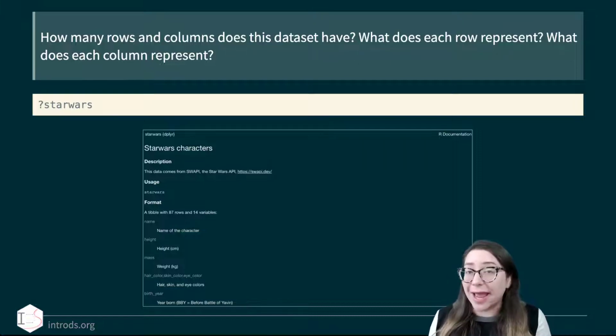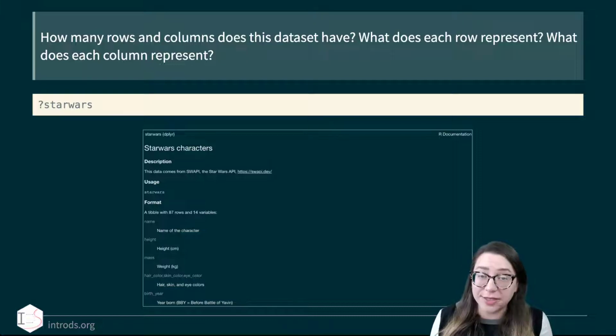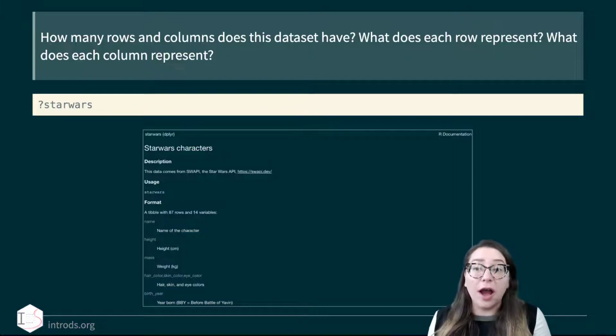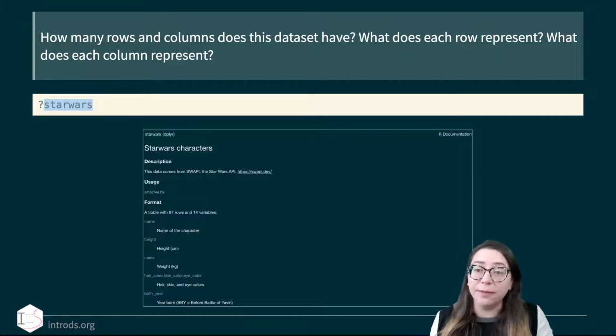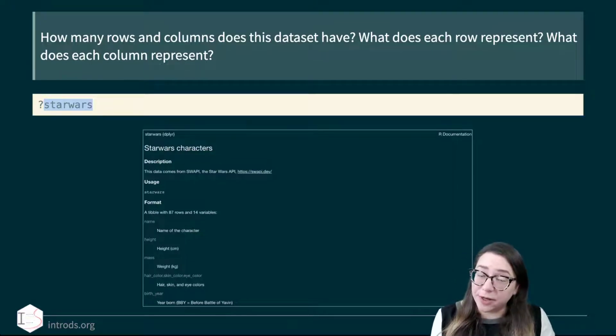So just like any other function that is distributed with a package in R, for any data sets that are distributed with a package as well, I can use question mark and then the name of that object, so the name of the data frame, to bring up its documentation. And in the documentation, I can see the names of the variables and then their descriptions. This is what we usually refer to as a code book. And when the data set is distributed with a package, we have it readily available for us.